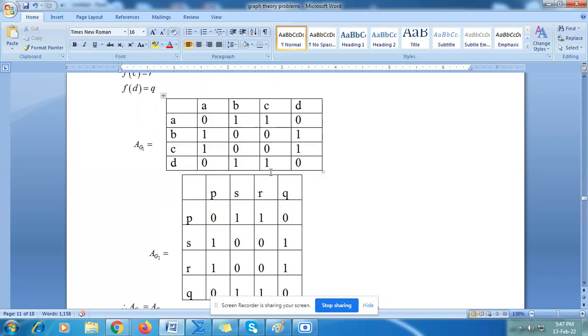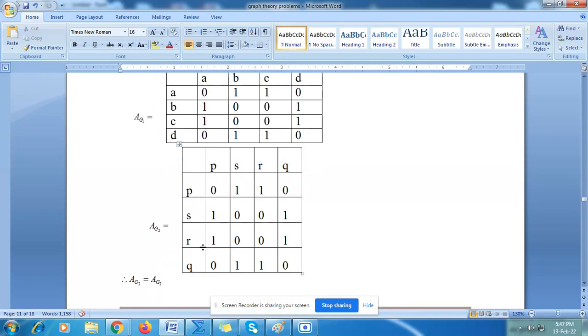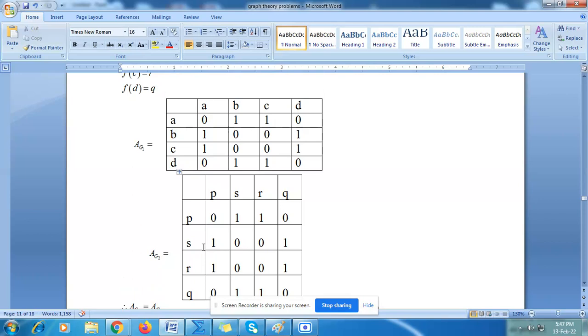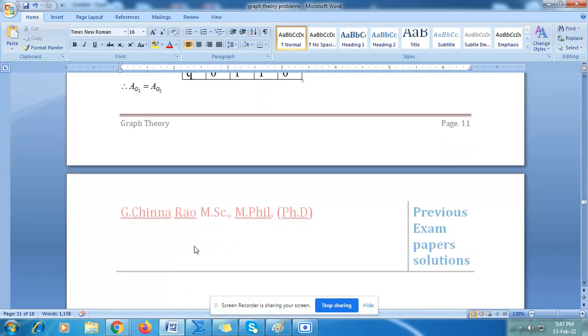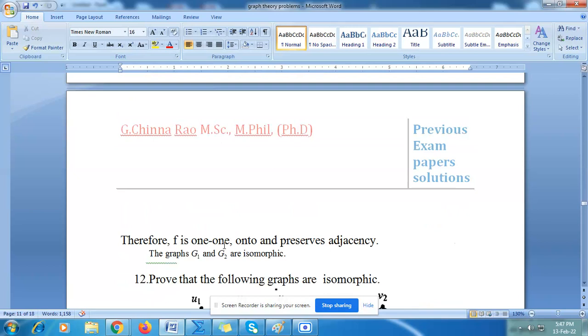By observation, the adjacency matrix of graph 1 is equal to the adjacency matrix of graph 2. Therefore f is one to one, onto, and preserves adjacency. Therefore the graphs G1 and G2 are isomorphic.